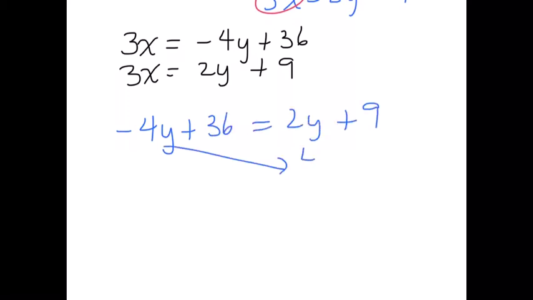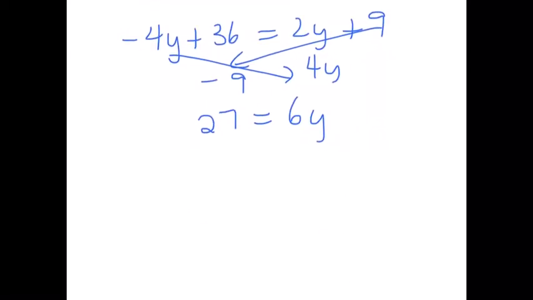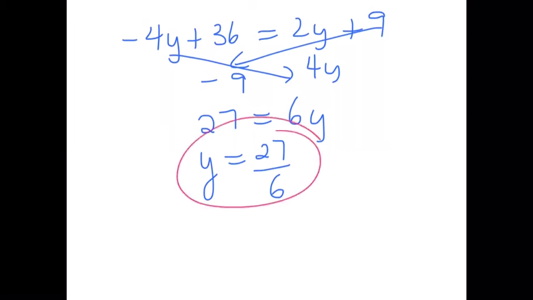Bring this over, it's 4y. Bring that back. So now, what is 36 minus 9? That's 27, and that's 6y. And then this is horrific. y is equal to 27 divided by 6. All right. Well, nobody ever said math was pretty, but that's our y value.